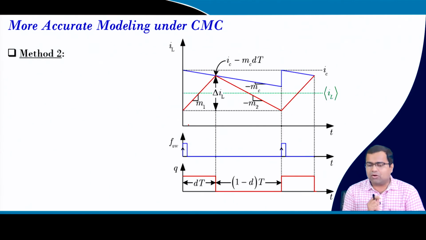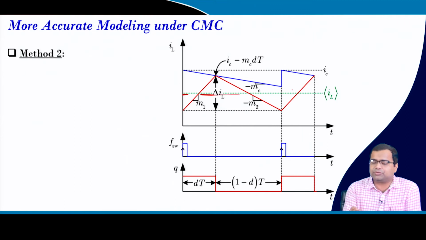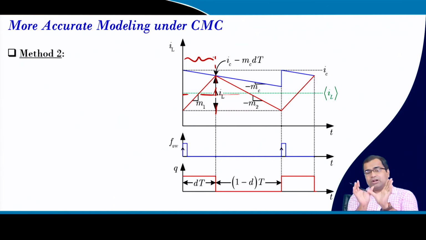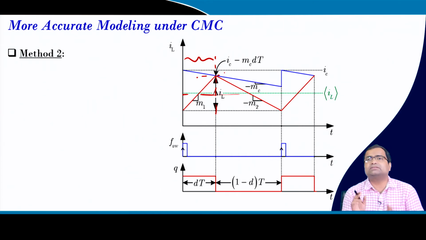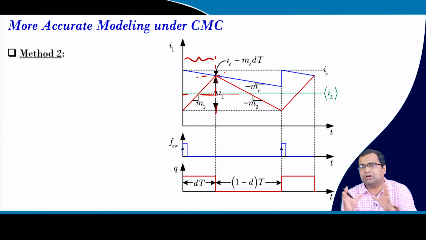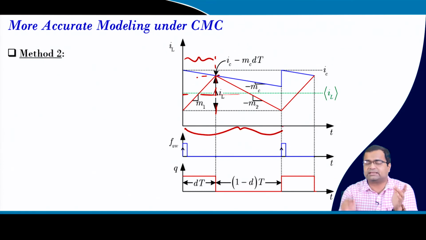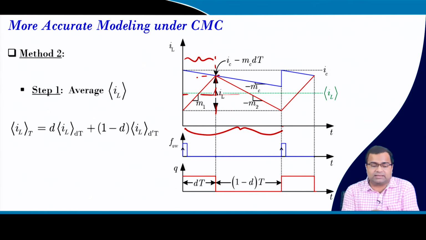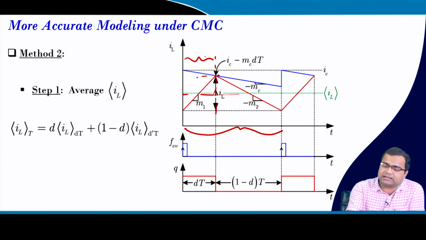Method 2, another way. Earlier we took the average inductor current only for this cycle, that means the average inductor current was equal to this value minus half of the ripple, but this may not capture the full picture. So, we want to take the average inductor current over the entire cycle. Here the average inductor current, if we take it in part 1, this is my part 1 and this is my part 2.